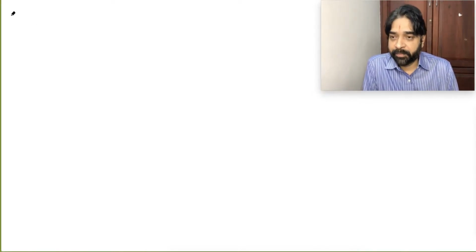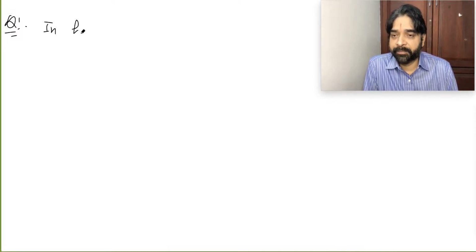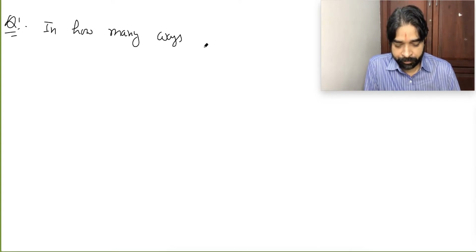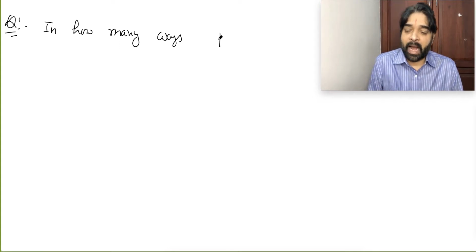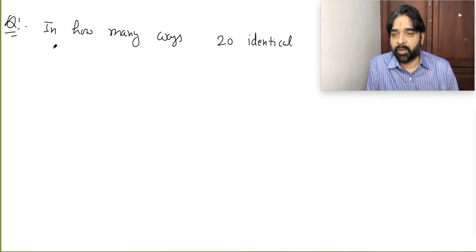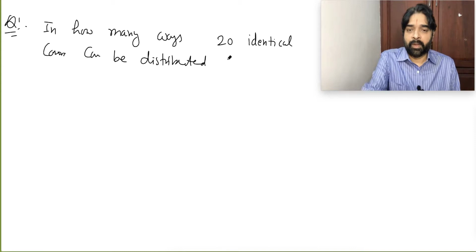Now, write a question. In how many ways can 20 identical coins be distributed among 4 kids?